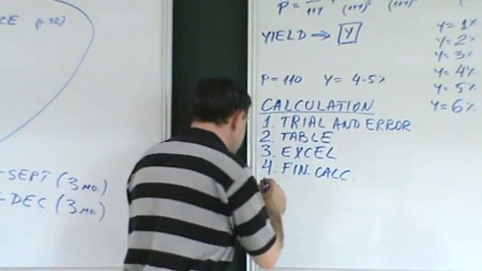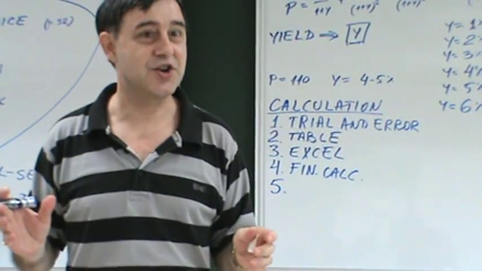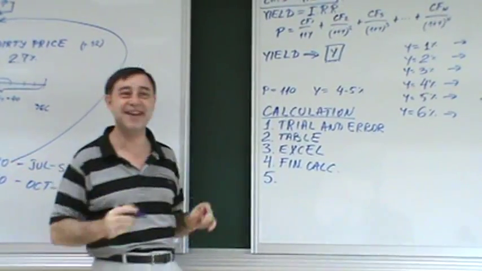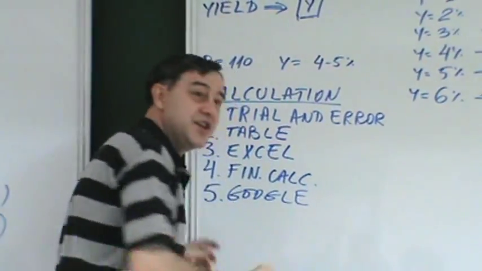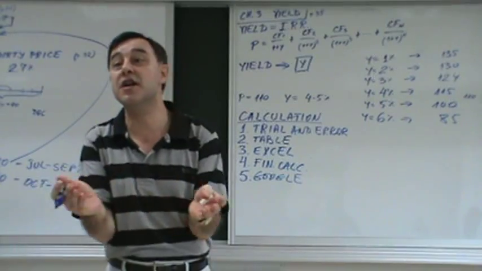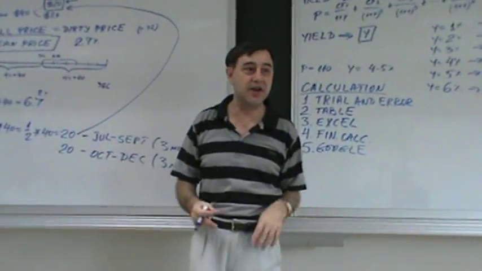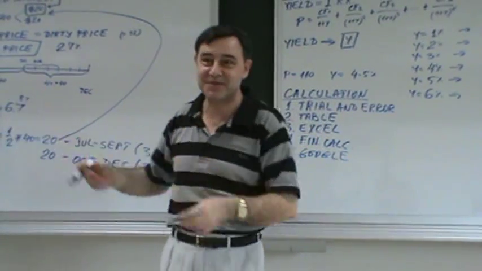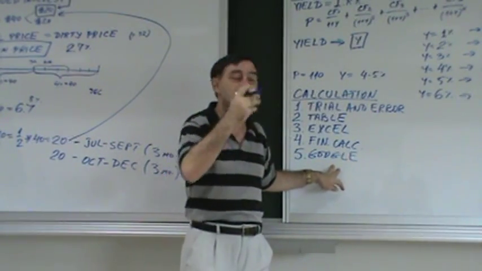And the last one is, because you are the Google generation, you just search it up on Google. Google's going to tell you the answer. You actually have what are called financial calculators on the web. The web's got a whole bunch of financial calculators. I'm sure there's going to be a financialcalculator.com website. And it's going to give you all sorts of present and future values and all the other stuff.